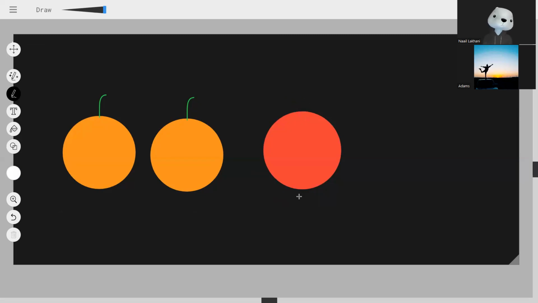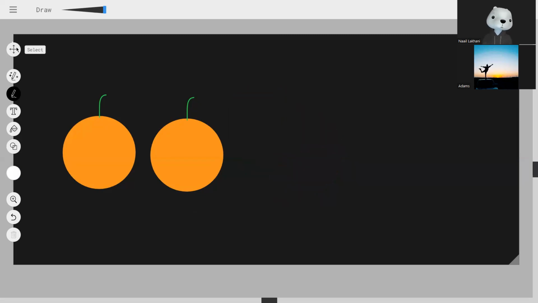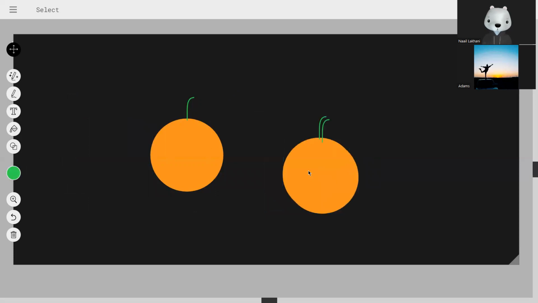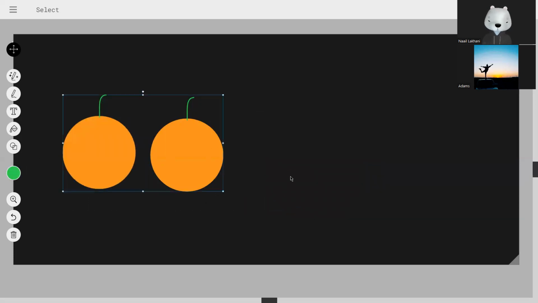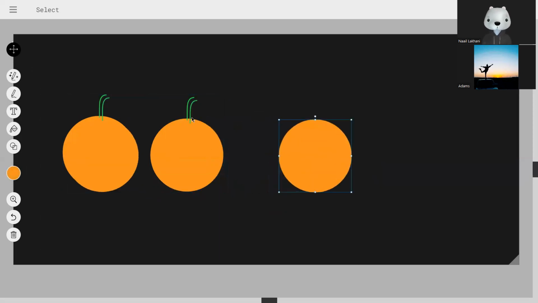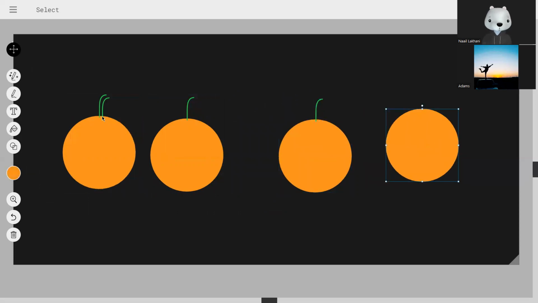But you know what's the same? Three oranges. Three oranges are better than two oranges. Four oranges are better than three oranges.